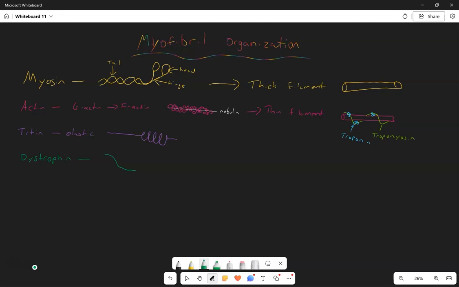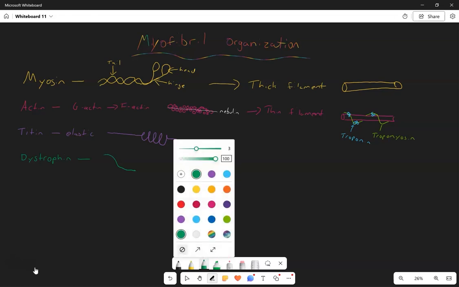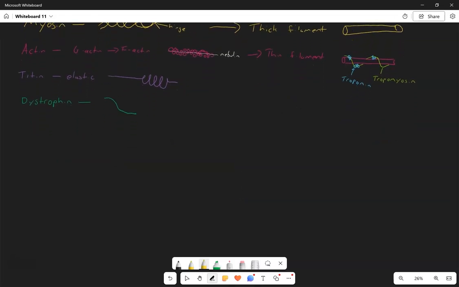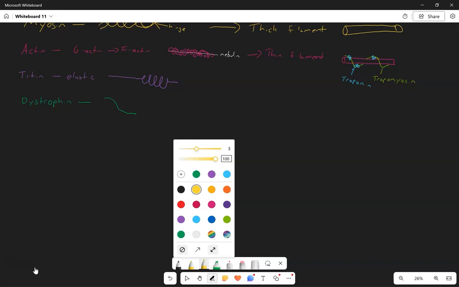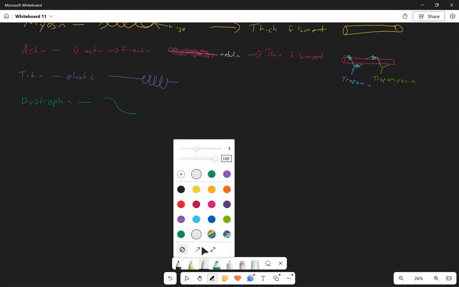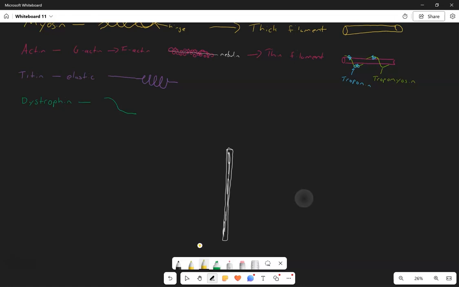Now that we know our proteins, we can start to organize them and see how they're organized inside of a myofibril. Everything is centered around something known as an M line. It's made up of a protein called myomesin, but this is our M line, like so. Now, the thick filaments align on that M line.